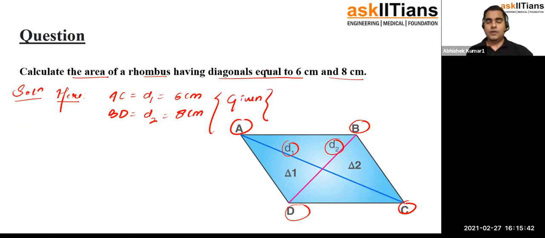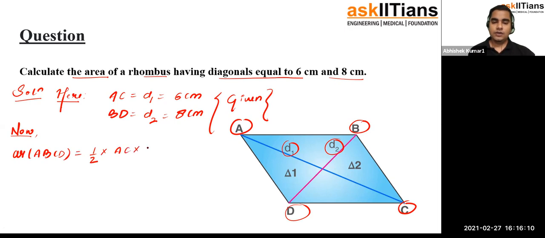All right. We discussed just now what the formula is, or in fact, we derived that formula. What is the formula for the area of any rhombus? If you have to calculate the area of any rhombus, you have to use the formula that is half into the product of diagonals. Now, if you want to calculate the area of this rhombus ABCD, then the area of this rhombus ABCD will be 1 by 2 into the product of diagonals, which is AC into BD.